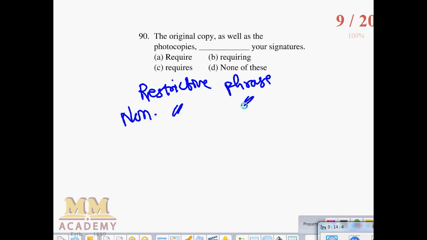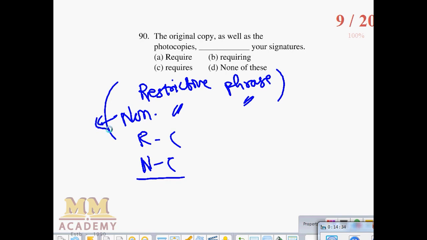The same is with clauses, restrictive clause and non-restrictive clause, right? A restrictive phrase is a phrase which is essential to completing the meaning of the subject. And a non-restrictive phrase is the one which is additional, extra, unnecessary information about the subject. If you remove it, the sentence will still give meaning, right?